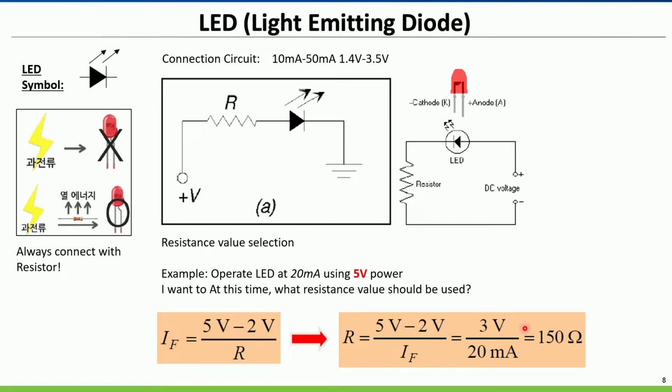So you need a resistor of about 150 ohm for a maximum current of 20 milliampere. So if we want to use an LED, the resistor should be no less than 150 ohm. 220 ohm is, I think, better for this LED.